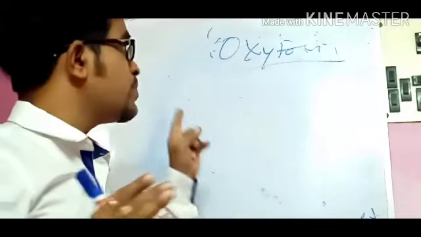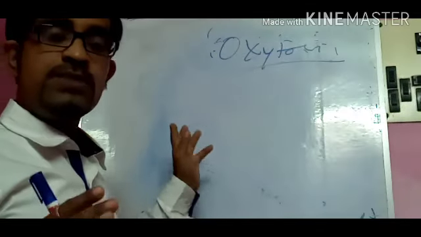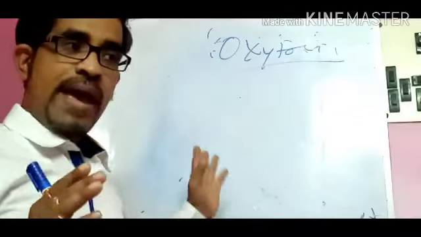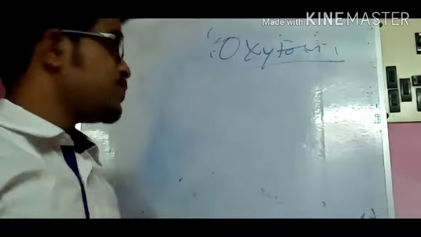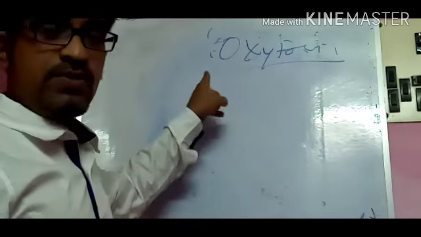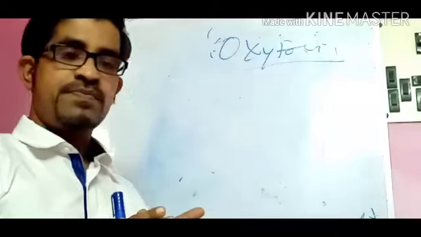So it is going to produce the labor. It is one of the most essential hormones producing the labor. In habitual miscarriage, the responsible element is oxytocin. So the work of oxytocin is contraction.